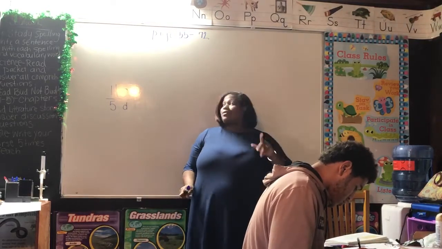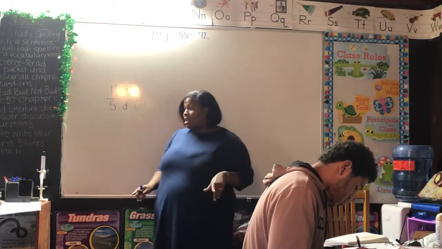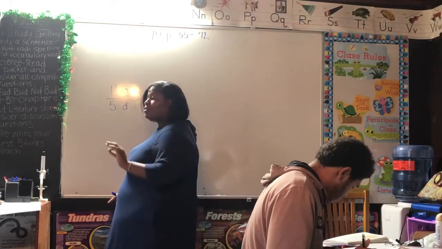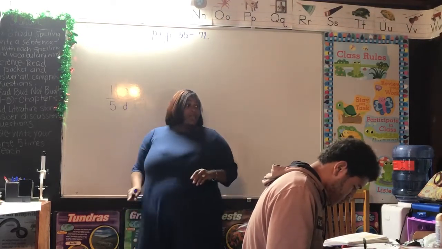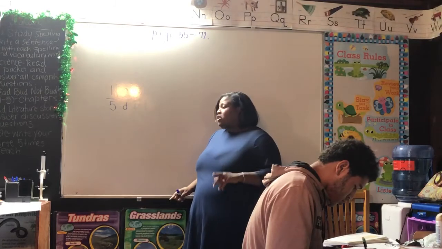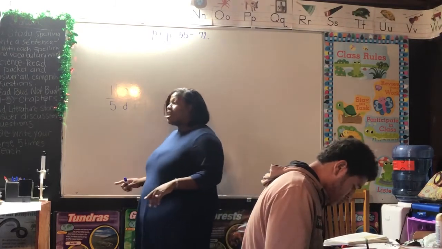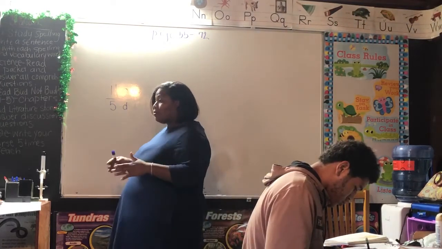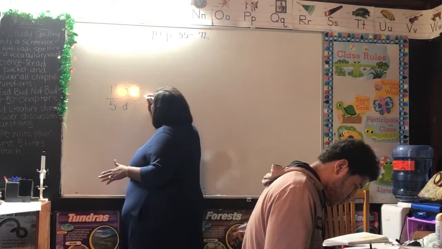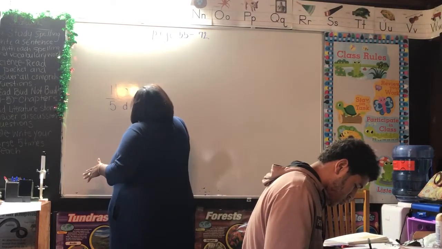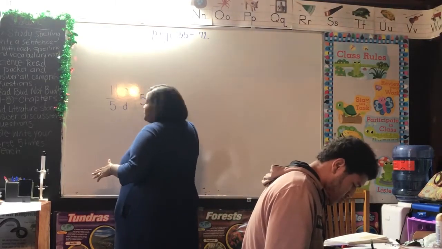We know the numerator is not supposed to be larger than the denominator. If the numerator is larger than the denominator, it is called an improper fraction. And when you're asked to simplify, you're going to make it a mixed number. And how we do that, we go 5 divided by 11, okay?